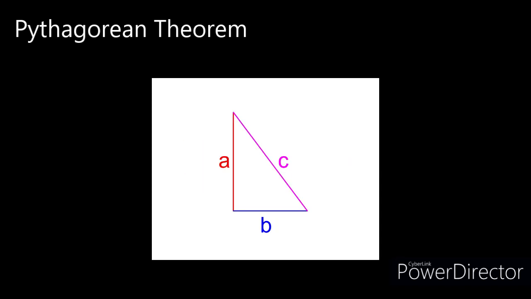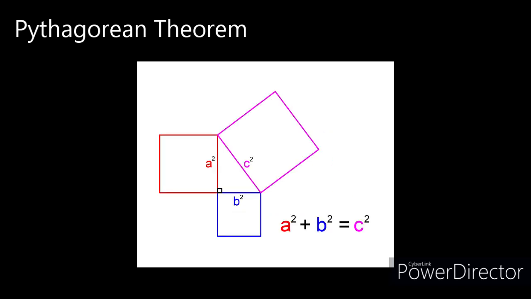Let's label the height as A, the base as B, and the hypotenuse as C. The Pythagorean theorem states that the sum of the square of the two shorter sides is equal to the square of the hypotenuse. That's hard to visualize with words, so let's use a formula instead.